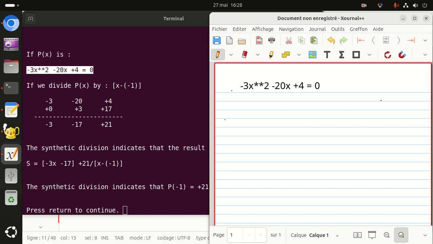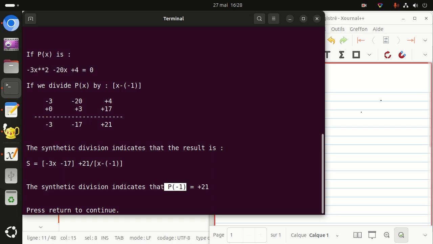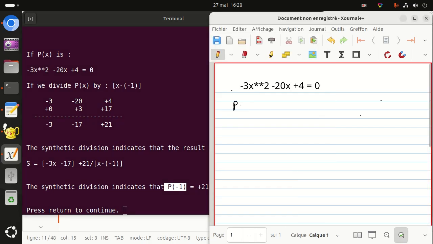Now I want to compute this p of minus 1. Alors, p of minus 1. Alors, I write minus 3 times minus 1 square, minus 20 times minus 1, plus 4.